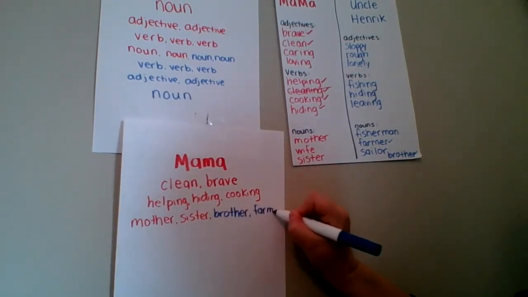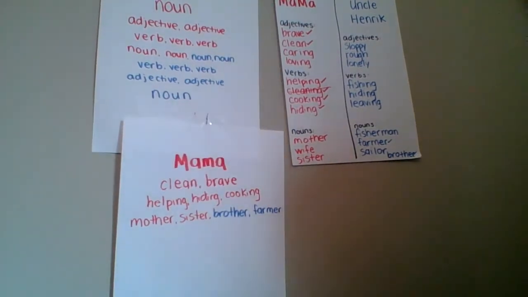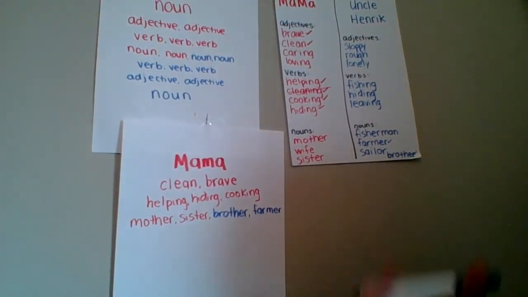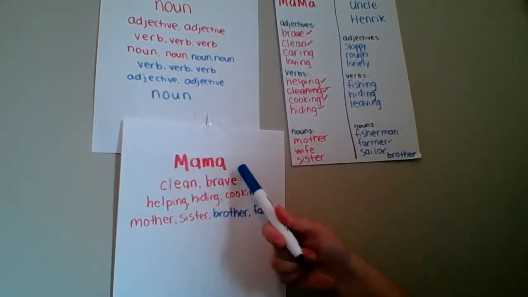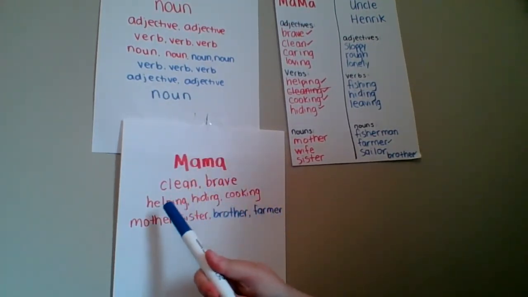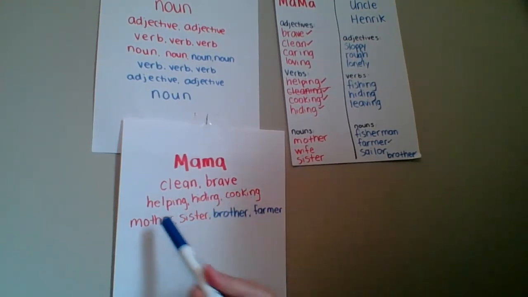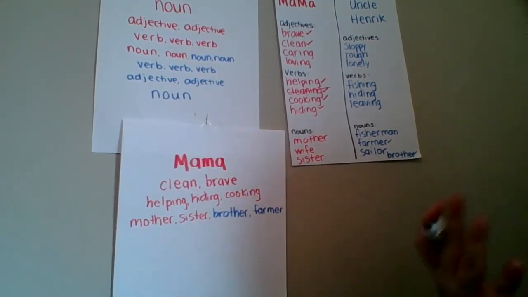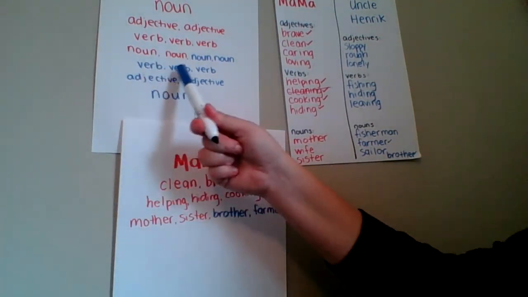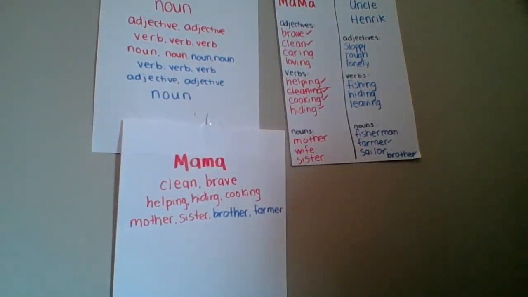Notice that I'm listing with commas as my punctuation. I'm going to reread before I finish Uncle Henrik's section of my Diamante poem. Mama, clean, brave, helping, hiding, cooking. Mother, sister, brother, farmer. Already I know that mother, sister, brother, and farmer don't describe the same person, so it tells my reader that I'm transitioning to a new topic. Now I need 3 verbs with an ing suffix.